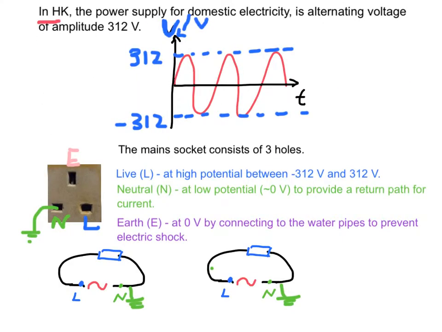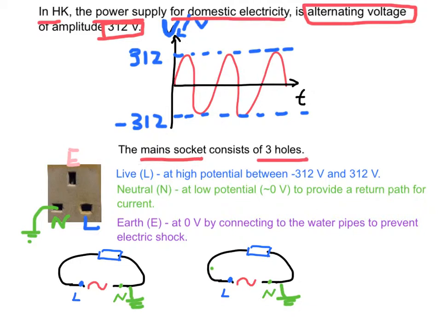In Hong Kong, the power supply for domestic electricity is alternating voltage 交流電 of amplitude 312 volts. The main socket consists of 3 holes. The live hole L is at high potential between negative 312 volts and 312 volts.